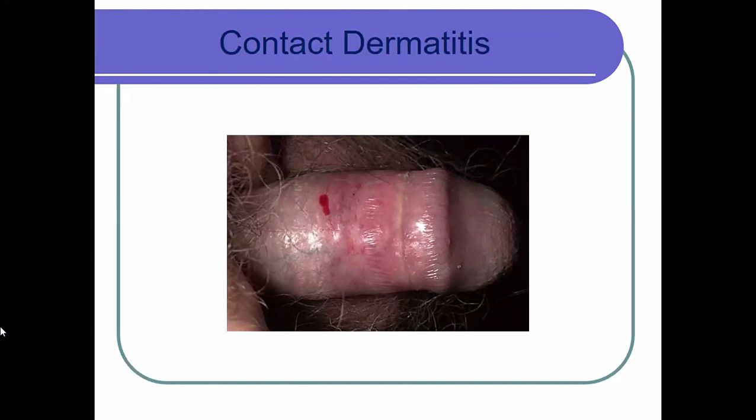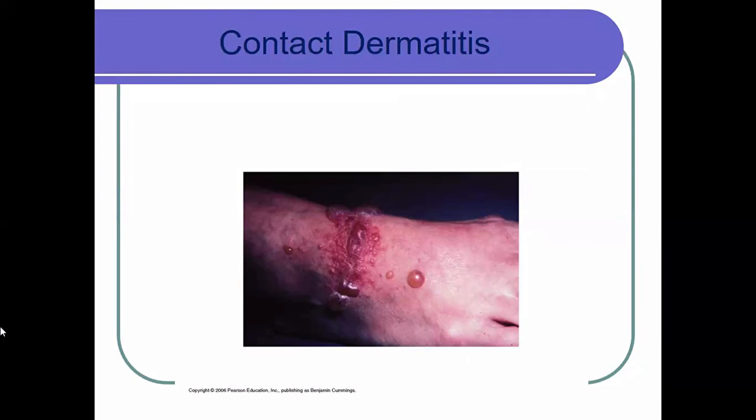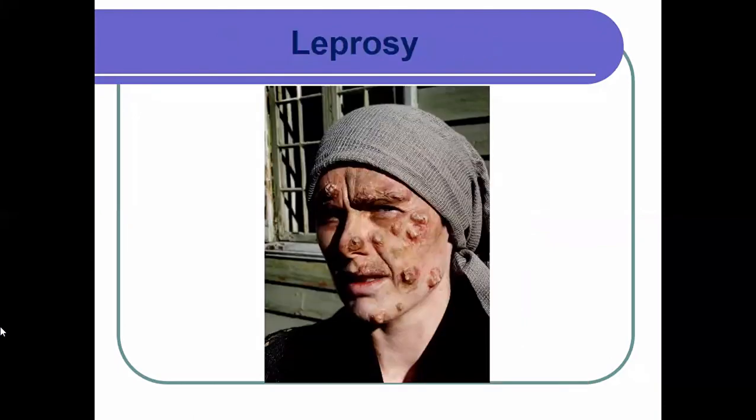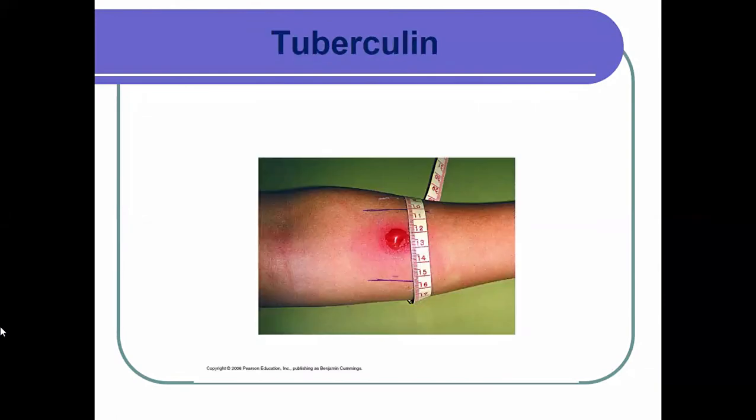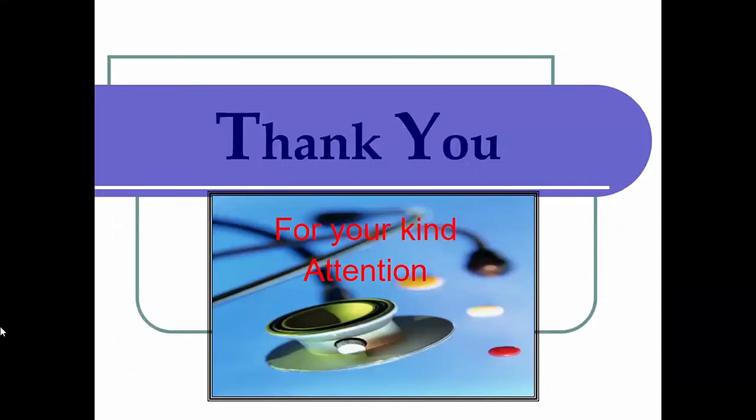This individual developed a hypersensitivity reaction to the rubber inserted here. There can also be a reaction to condoms. Some people develop allergies to fake bracelets. Then leprosy. Then the tuberculin reaction, which is also one form of delayed type.